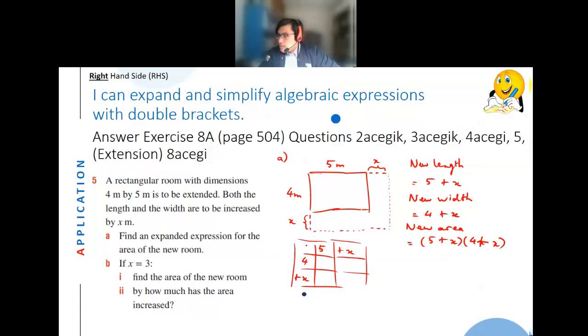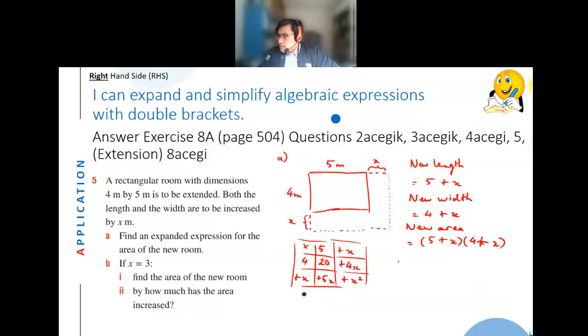Multiply them. So 4 times 5, that's 20. 4 times plus x, that's going to be plus 4x. Plus x times 5, that's going to be plus 5x. And plus x times plus x is going to be plus x squared.